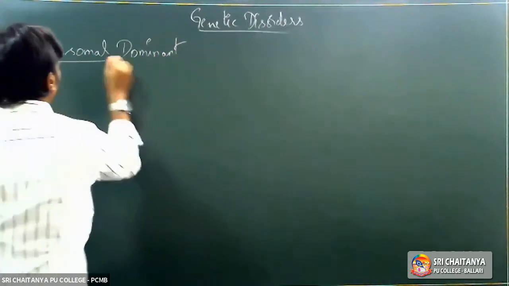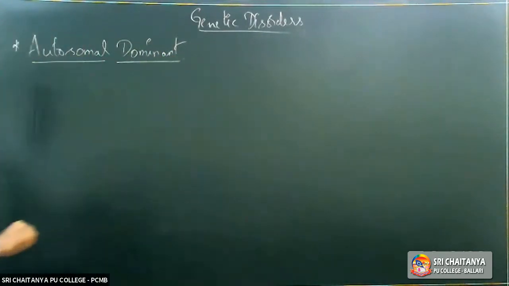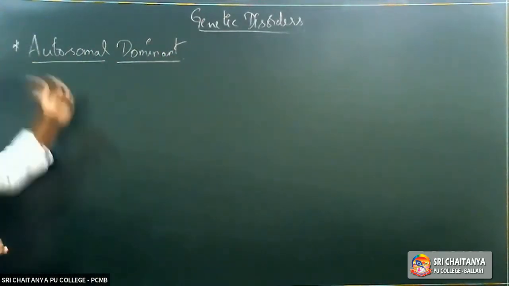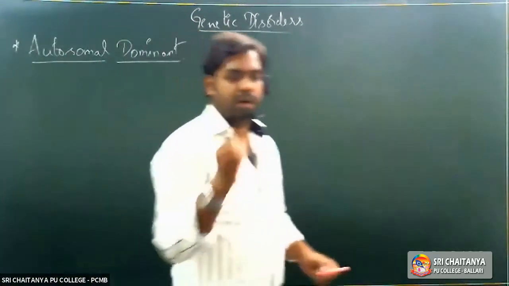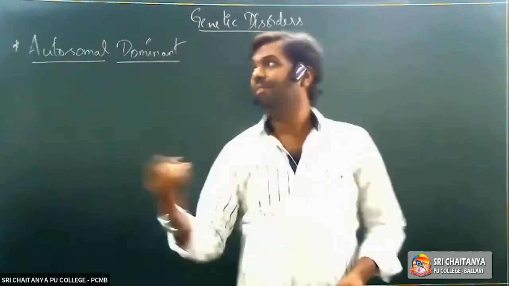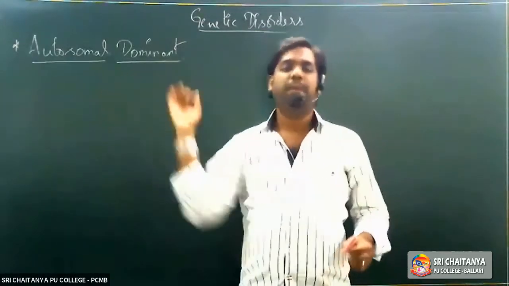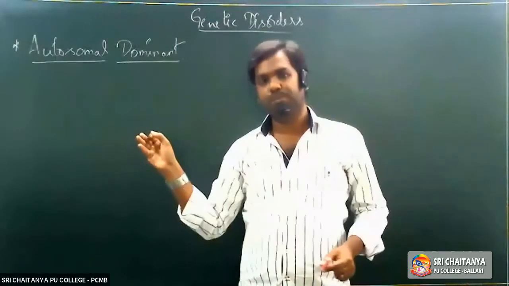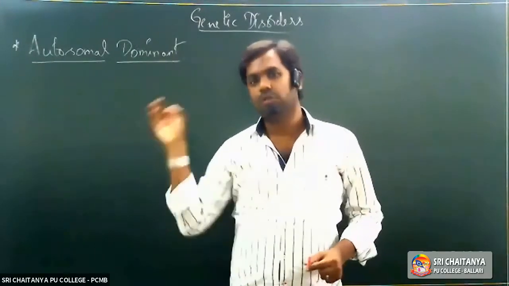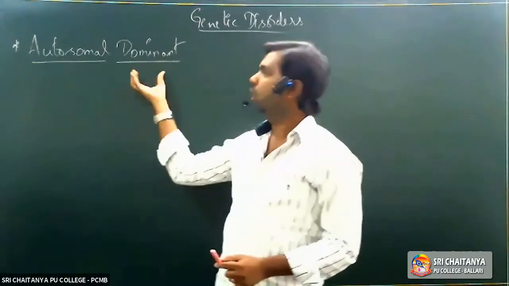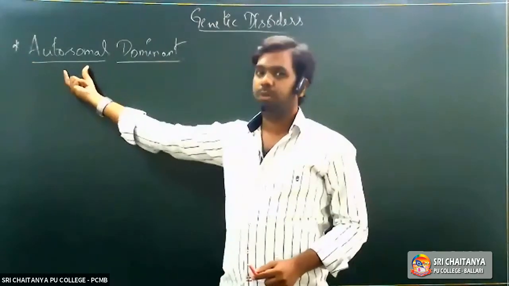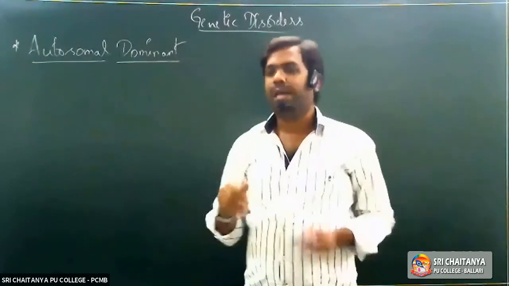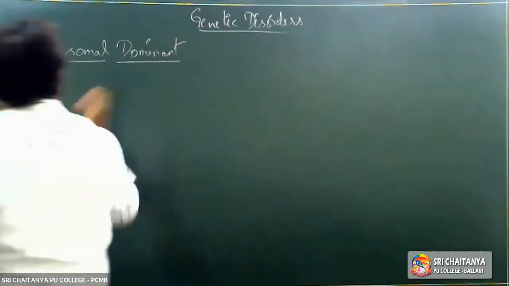Right. So under autosomal dominant disorder, as I've already said, what does this mean? There is a dominant mutation of the genes that are present in the autosomes. Because of a dominant mutation in a gene that is located on the autosomes, this sort of disorder is seen. So that condition we call autosomal dominant disorder.